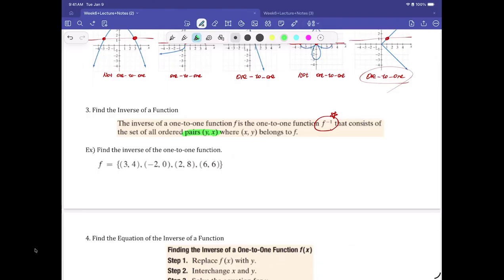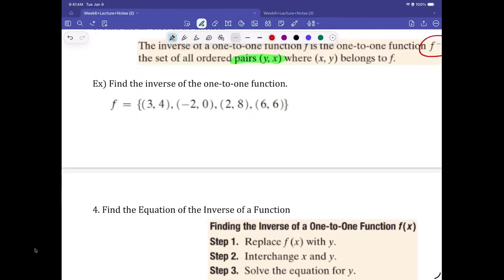So here's an example, a very silly example. The f function is (3, 4), (-2, 0), (2, 8), and (6, 6). As you can see, this is one-to-one, right? There's no repeating number in y or x. So f inverse is going to be (4, 3), flip it, (0, -2), (8, 2), and (6, 6).